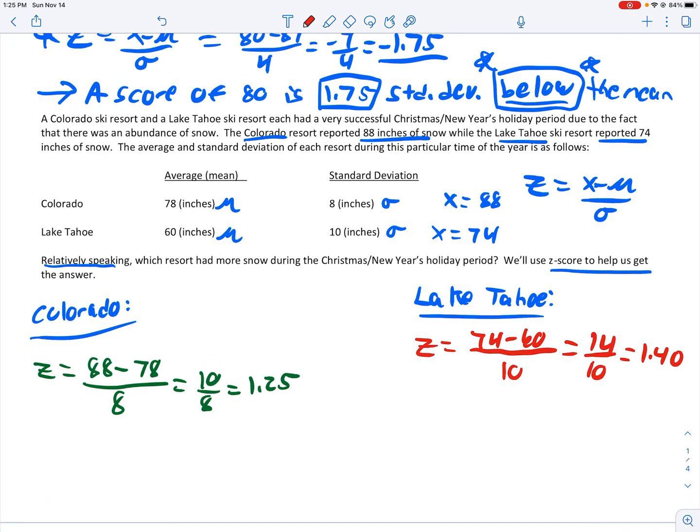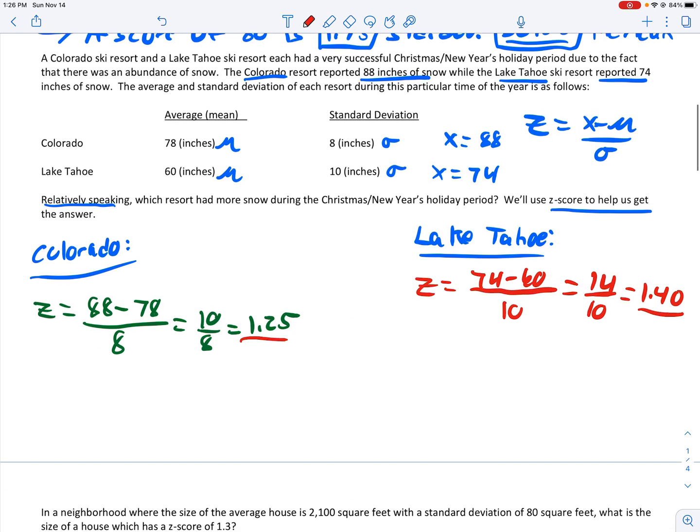So we have our z-scores. Remember, that's how many standard deviations from the mean. So both of them are above average: 1.25 standard deviations above the mean for Colorado, 1.4 standard deviations above the mean for Lake Tahoe. So relatively speaking, which one had more snow compared to their average?